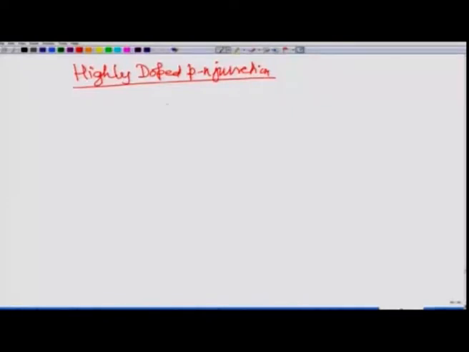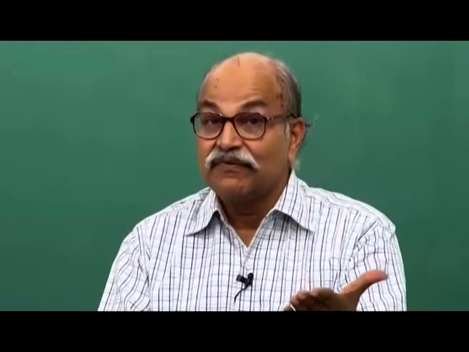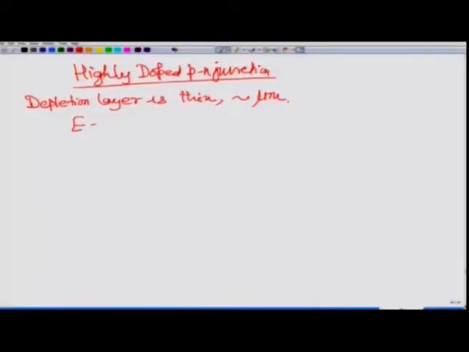So, if you dope it with higher concentrations of these impurities, then the depletion layer is very thin, say of the order of micrometers, and if the depletion region is thin and you apply a reverse bias voltage, the electric field can be very high. So, the E field is high in the reverse bias condition.